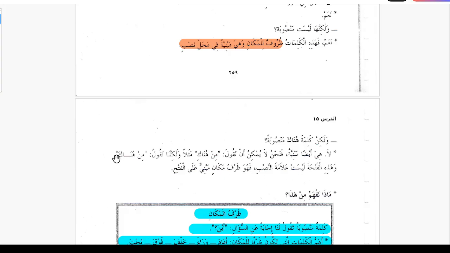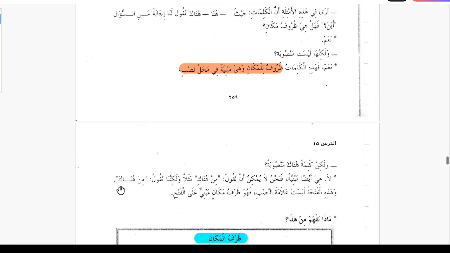So this fatha, wahazihil fathatu, this fatha is laysat alamatan nasbi, this is not the sign of being nasab. Huwa zarfu makanin mabniyun alal fathi. So this is the zarfu makan, the adverb of place, mabni alal fathi, upon fatha.